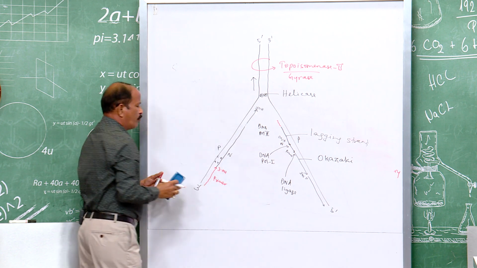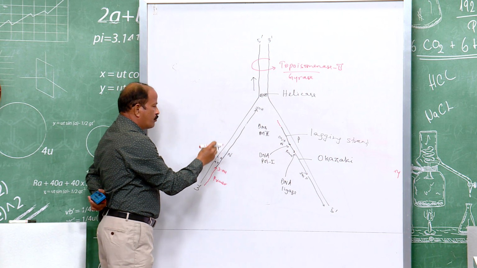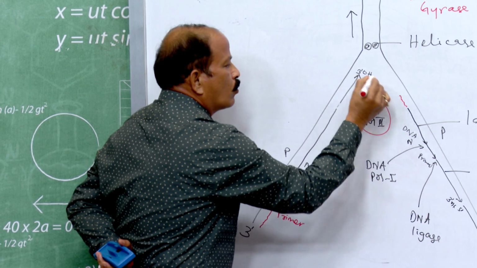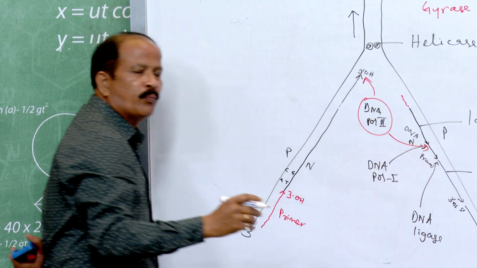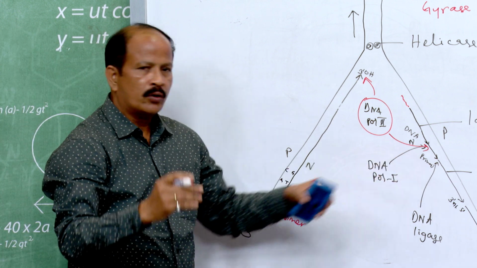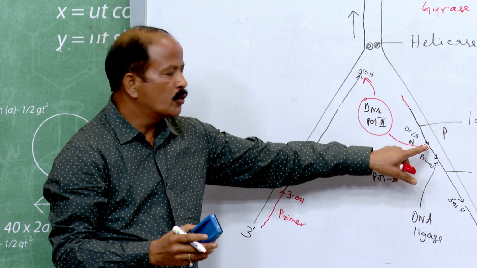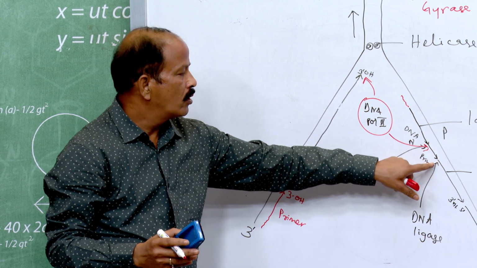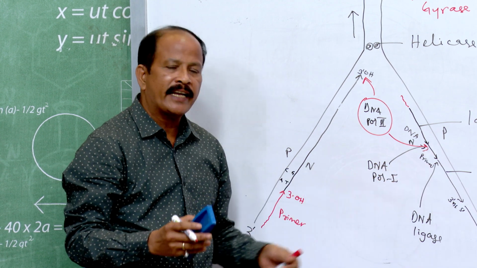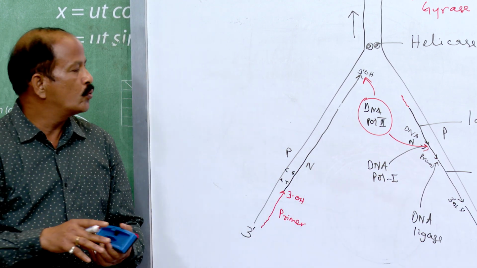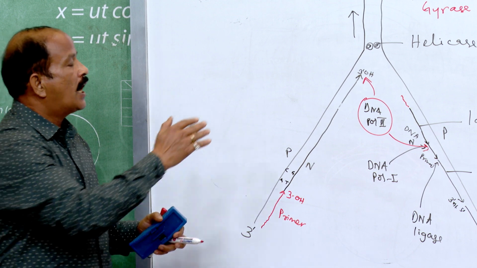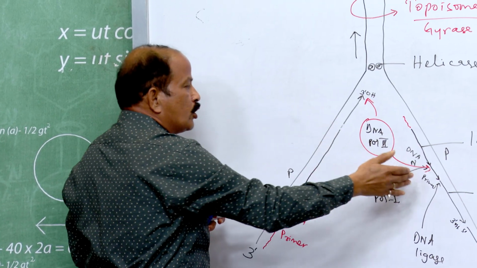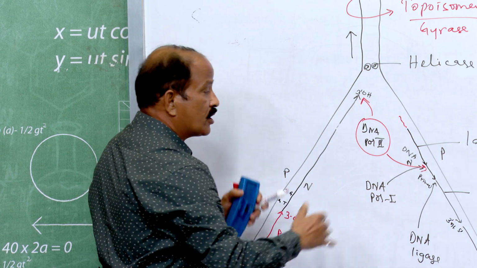DNA replication is a very complex process. DNA polymerase 3 goes for polymerization, DNA polymerase 1 goes for editing, it removes the RNA primer, and then DNA ligase joins the two segments, making that continuous, as a result of which, as the fork moves, the new strands are synthesized.